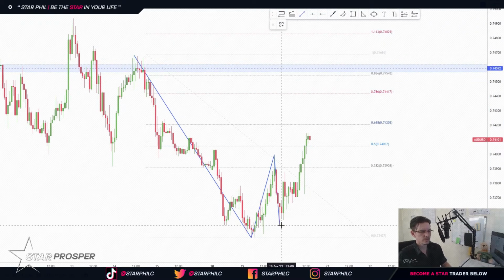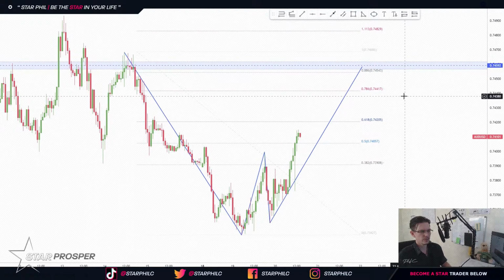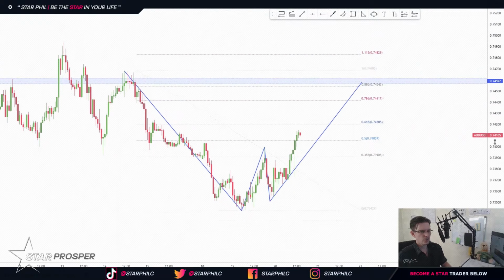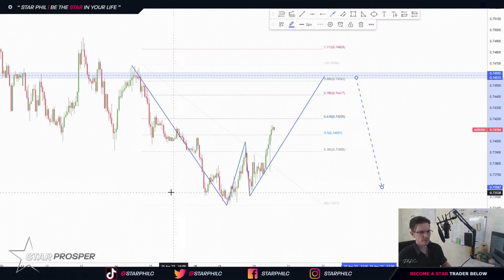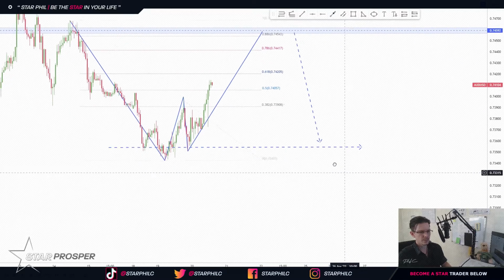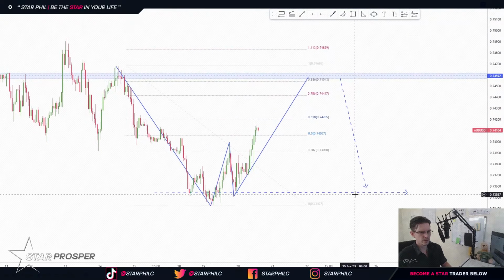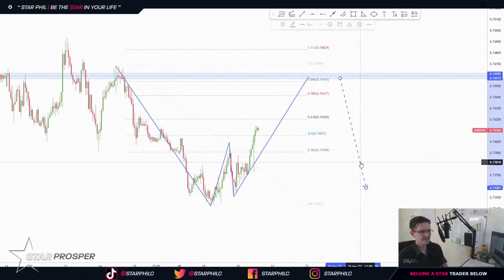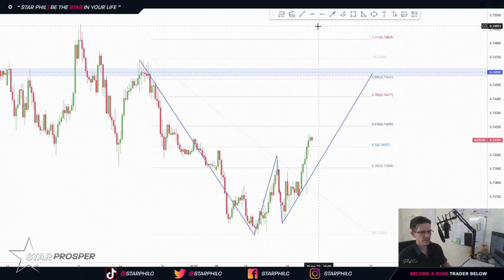If price action can move all the way up into the 886, then we can look for selling opportunities into a 382 and a 618, or potentially all the way back down into these lows, and potentially all the way back down into that structure level looking left, giving you an insane risk to reward profile on this trade.